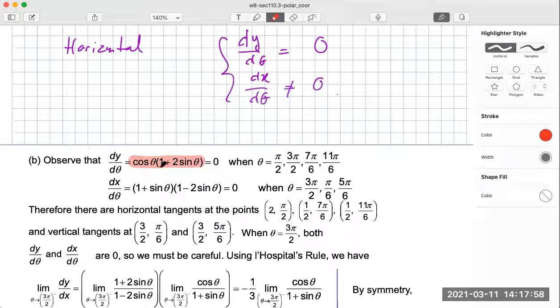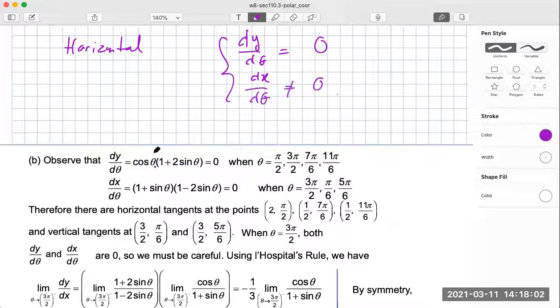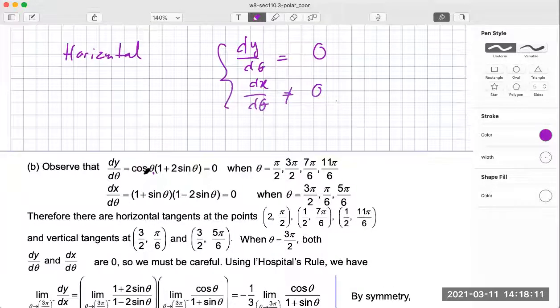If this is equal to 0, the product of two things, what does it mean? It means cosine of theta should be 0, and or this one is equal to 0, right? Very good. 1 plus 2 sine theta.